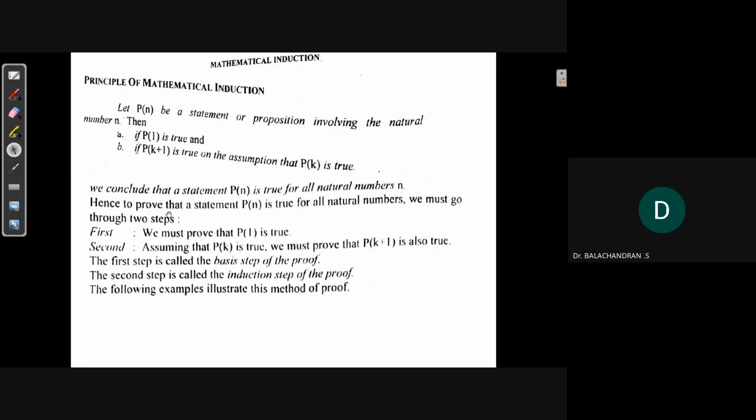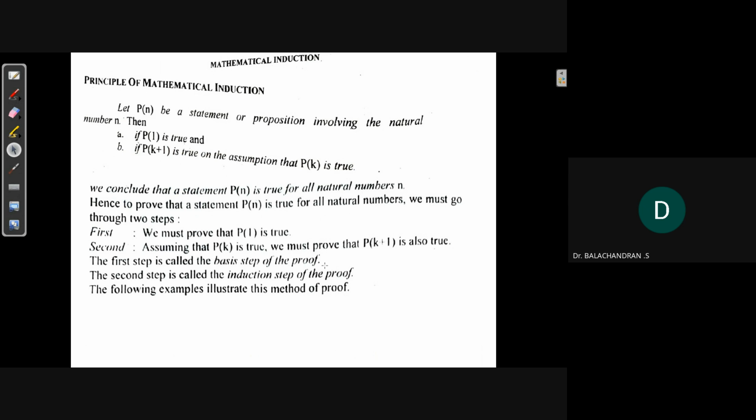First, there are two steps. First one, we must prove P of 1 is true. Second step, assuming that P of k is true, we must prove that P of k plus 1 is also true. The first step is called the basis step of the proof. The second step is called the induction step of the proof.